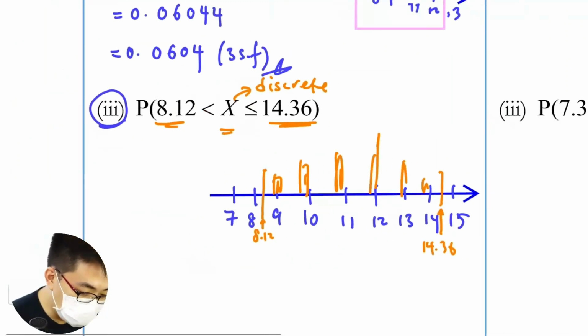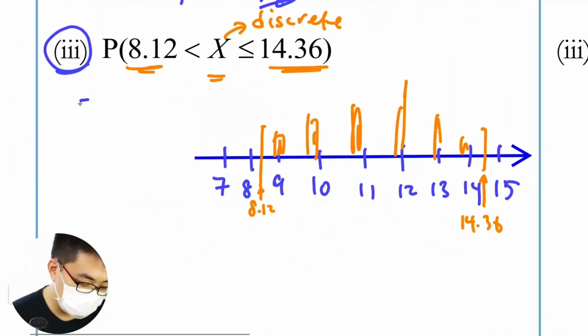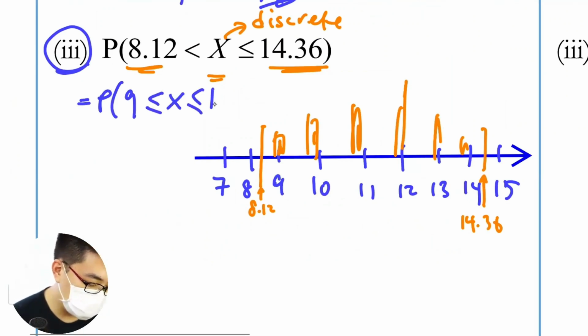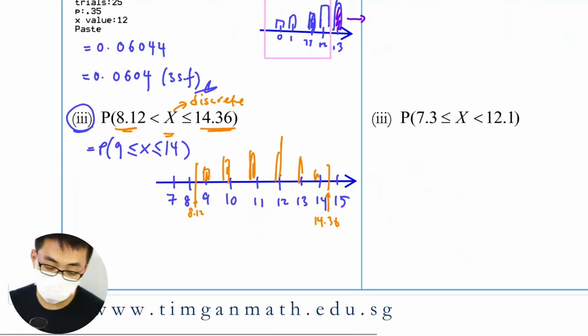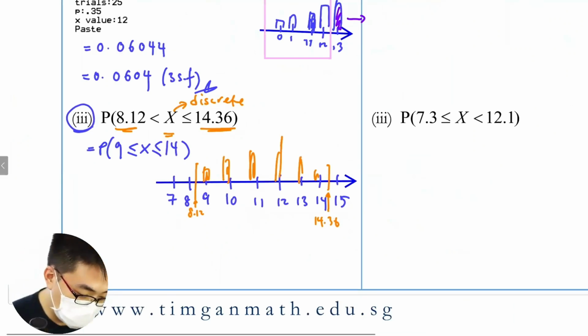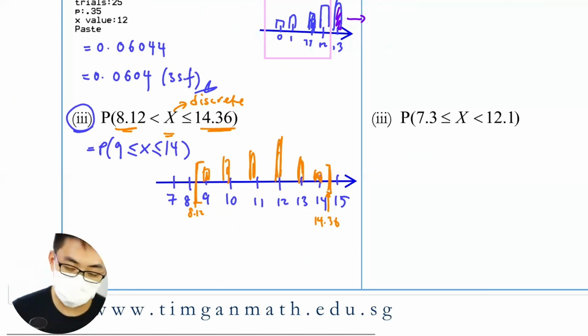So in other words, what you need is P(9 ≤ X < 14). Please understand the concept behind changing it to a discrete value there. What you want is the classes in between here.